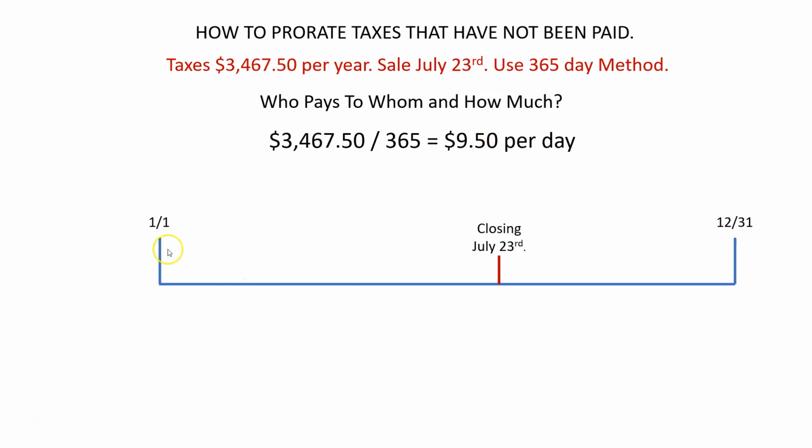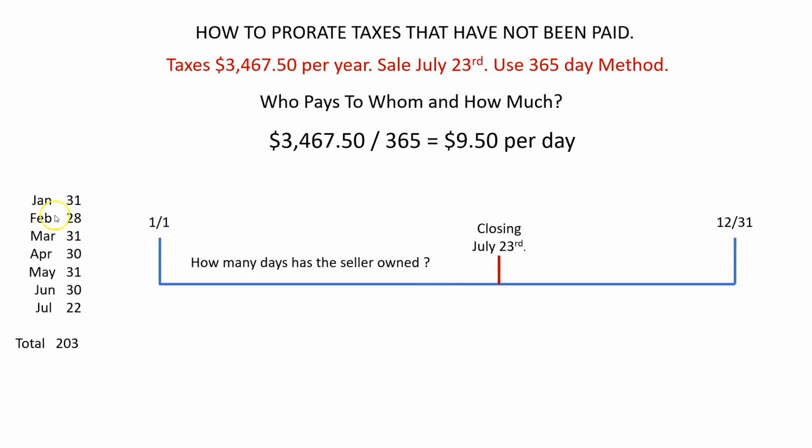So we have to work out how many days there are between January the 1st and July the 23rd. The thing to remember here is the closing takes place on the 23rd of July. Therefore, it will be the buyer living in the house. Therefore, the buyer will not be able to claim taxes from the seller for that particular day because it's the buyer's house. So we have to quickly work out: 30 days have September, April, June and November. But we don't use 23 days in July.